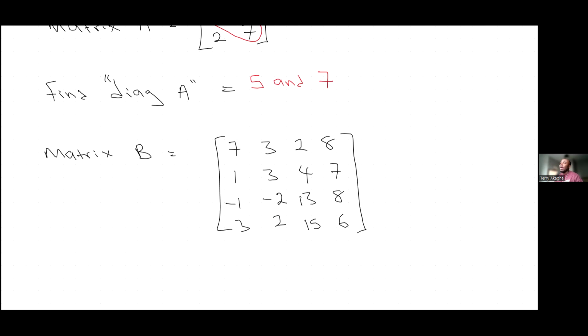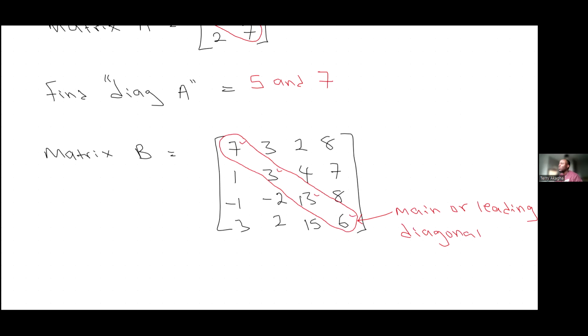So we've already agreed that the diagonal elements are all these here. All these numbers here are the diagonal elements. You can call it the main diagonal, or you can call it the leading diagonal. All the numbers here, 7, 3, 13, and 6, are the diagonal elements.